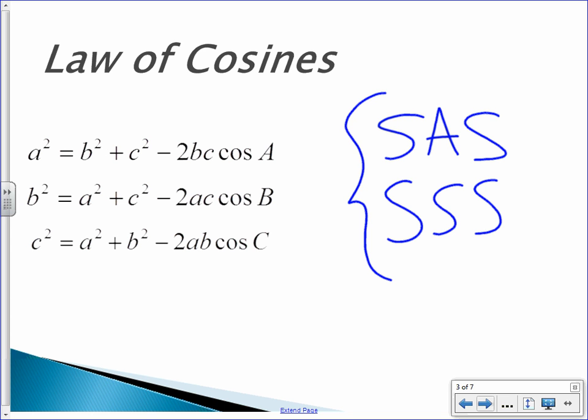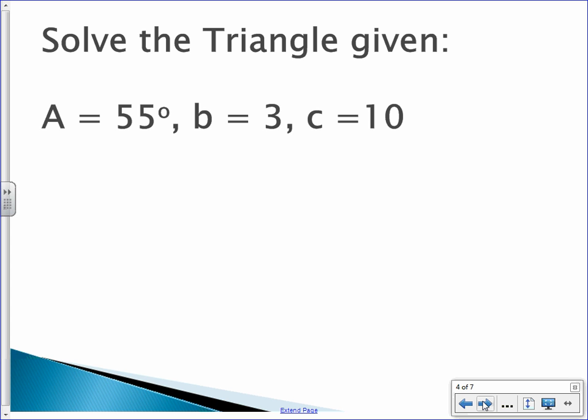Okay. So here we go. Here is our first example.